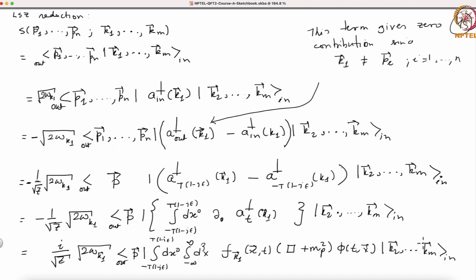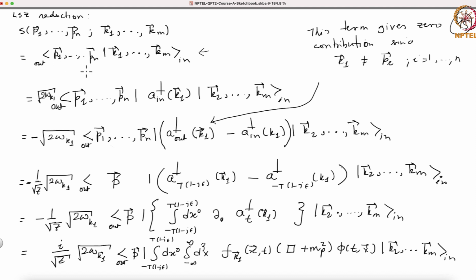So we were looking at these S matrix elements, which are basically these objects. So you have an in state with m momenta and n momenta for the out state. And there are no other labels, as I said last time.